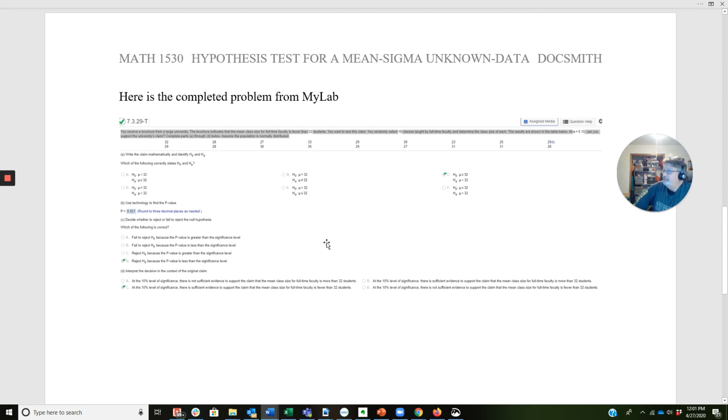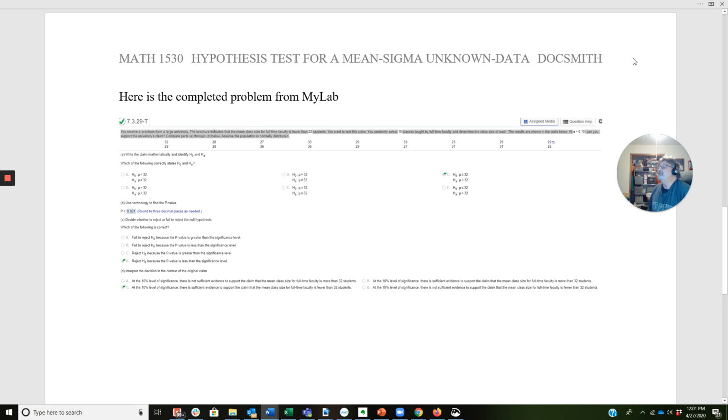So remember that our claim is in the alternative hypothesis. So if we're rejecting the null hypothesis, that gives us evidence to support our claim in the alternative hypothesis, which is what researchers frequently love. They'll set up the test so that their claim is frequently in the alternative hypothesis.